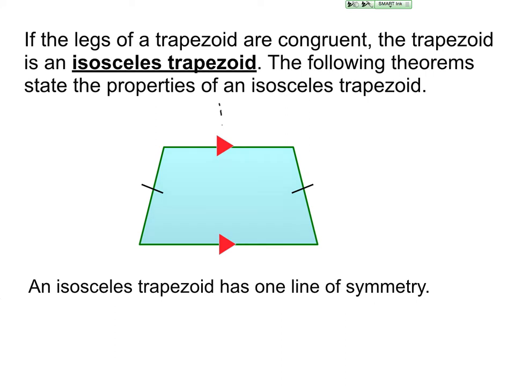So if I have a line of symmetry here, what angles are congruent? A and B are congruent. C and D are congruent. Is there any relationship between A and D?